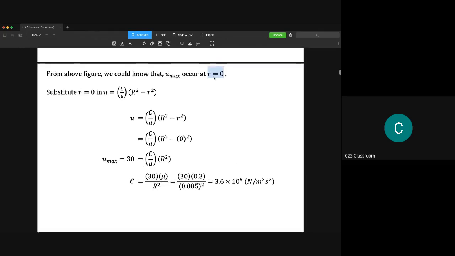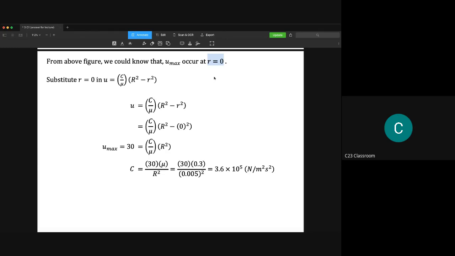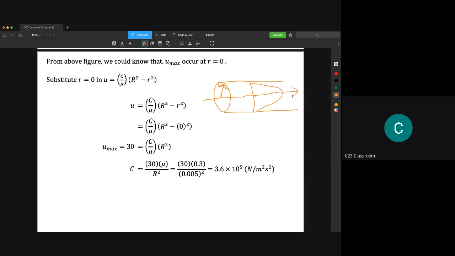So where r equal to 0 is, you know that we have a pipe here, and we learned about the cylindrical coordinates or polar coordinates. So we are taking care of the r here. Because the velocity distribution will create something like this, the middle point is the highest one.